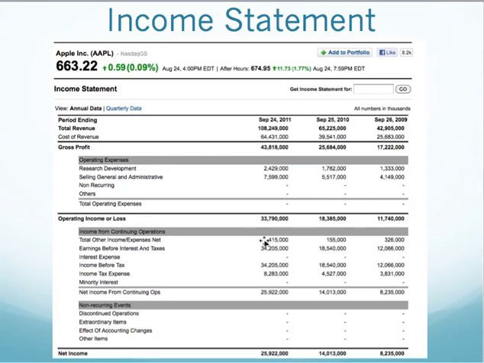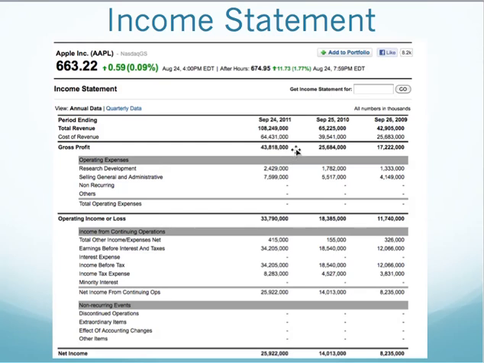For the year ending September 24th, 2011, Apple computers had revenue, or it earned $108 billion. Notice that all the numbers are in thousands. Of that revenue, mostly products in the form of MacBooks and other Macintosh computers, iPhones, iPads, it cost them $64 billion to manufacture it.